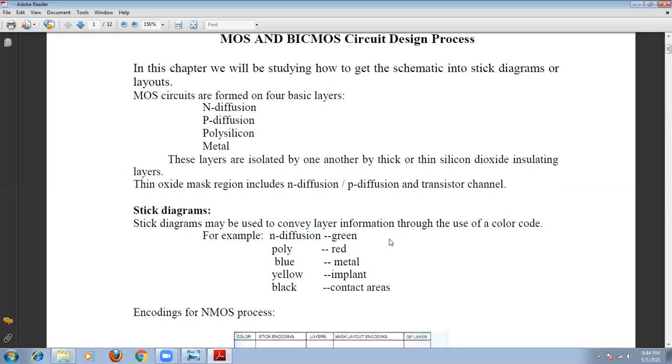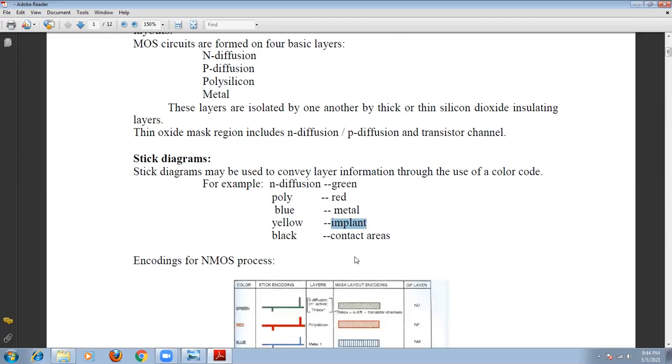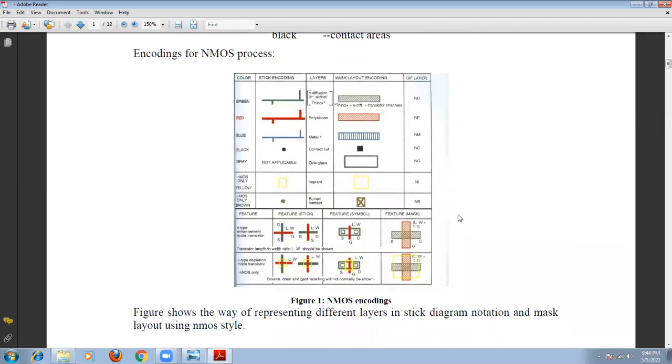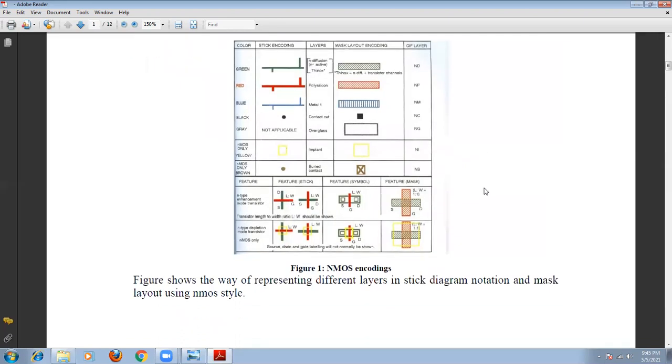Remember, it is also very important. Yellow color is used to identify a depletion mode transistor by placing an implant. That is called an implant. The structure of the implant will be dotted lines surrounded by a rectangular or square form.